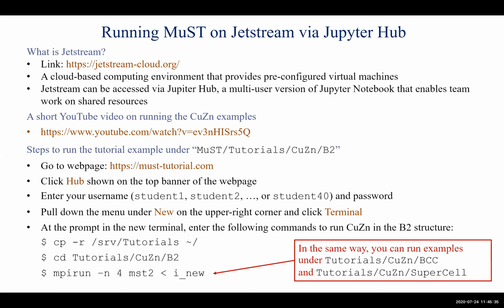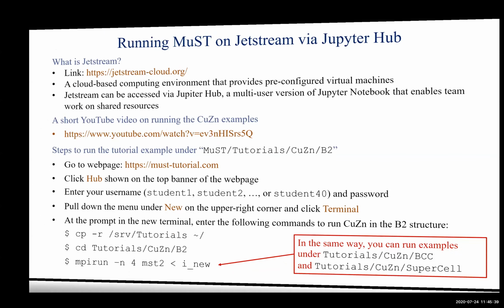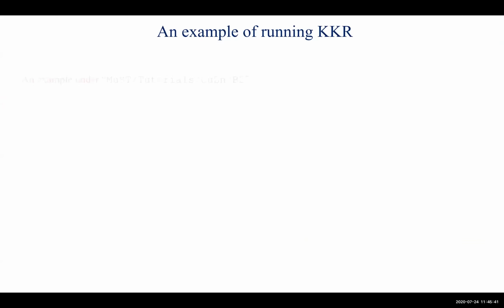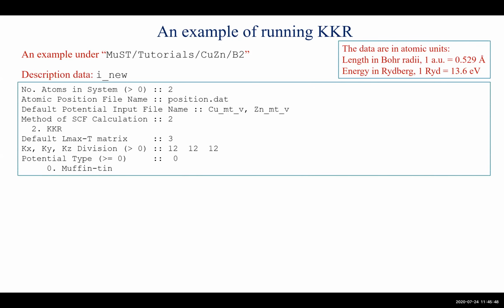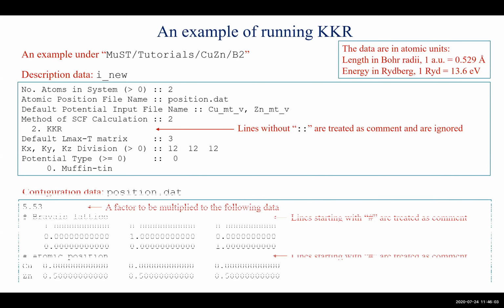Now, I go to the next slide. Okay, here's a particular explanation. Now, on the B2 structure, I just want to give a little explanation of what the input data is. It says that there are 2 atoms in the system, because it's a cubic structure, and we're using the KKR method, which is method 2 here.